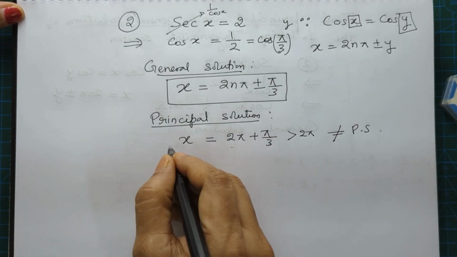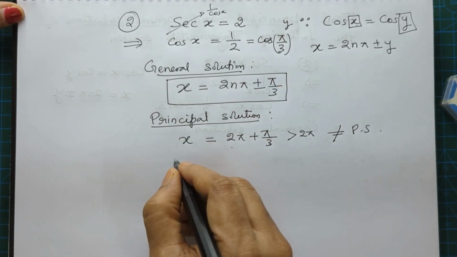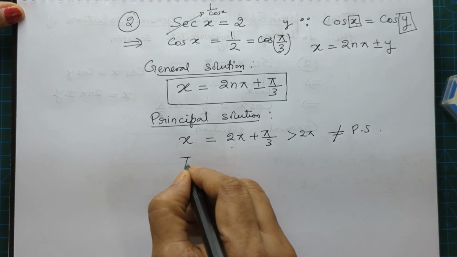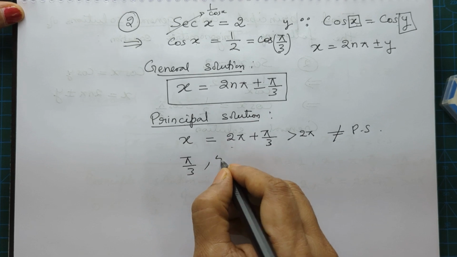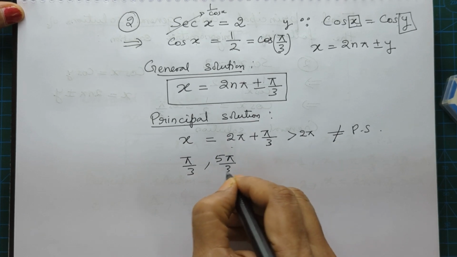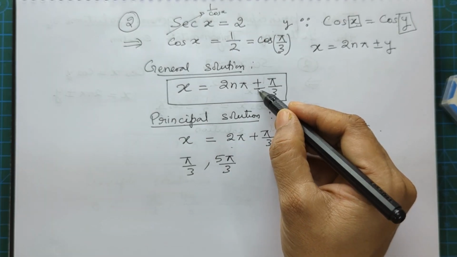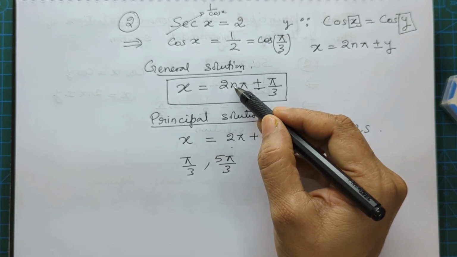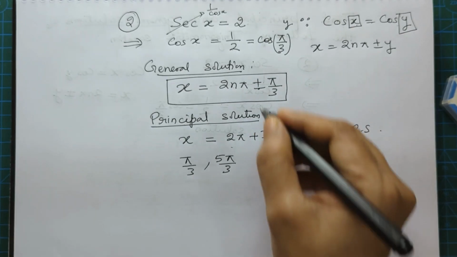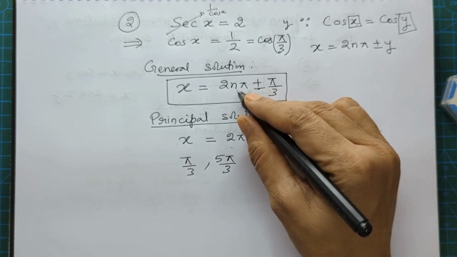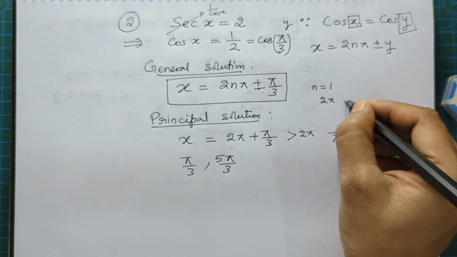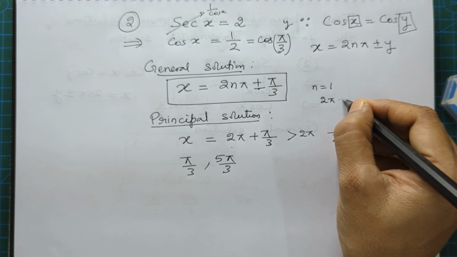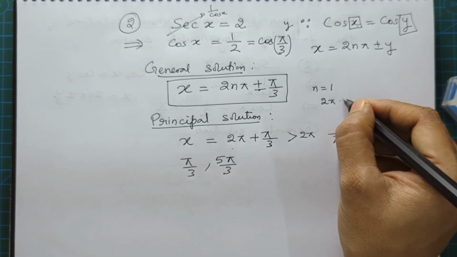So what are the principal solutions? One, directly we will take pi by 3. Another, we will take as 5 pi by 3. Use the minus, negative. In place of n, when we put 1, we get 2 pi. Plus will not work out, that will cross the principal solution range.